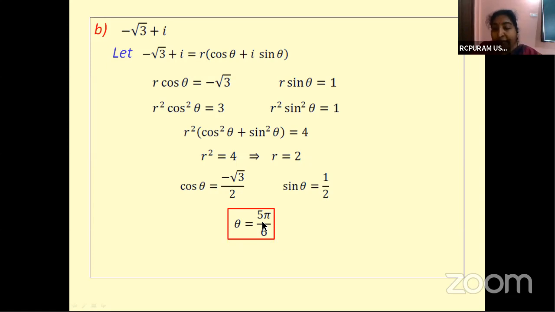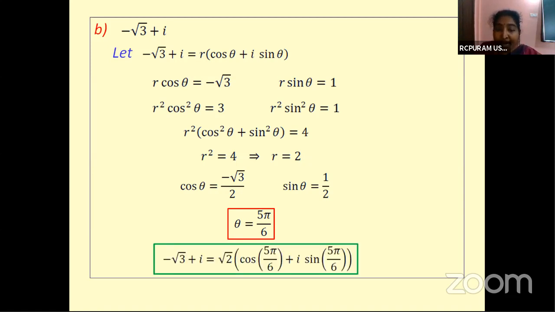Remember that 5 pi by 6 is 150 degrees, which lies between minus pi and pi. So I can write this as minus root 3 plus i is equal to 2 into cos of 5 pi by 6 plus i sin 5 pi by 6. So this is the representation of a complex number in modulus amplitude form.